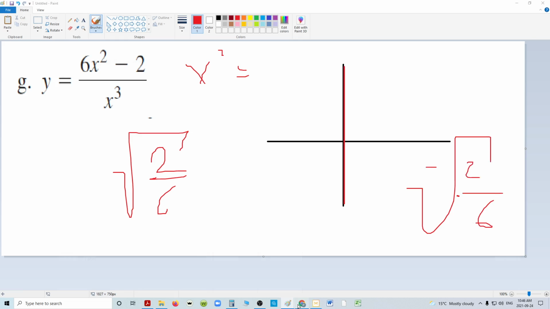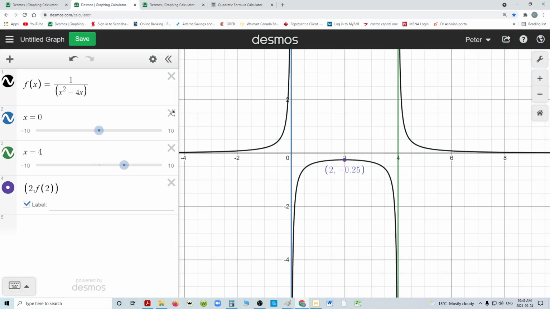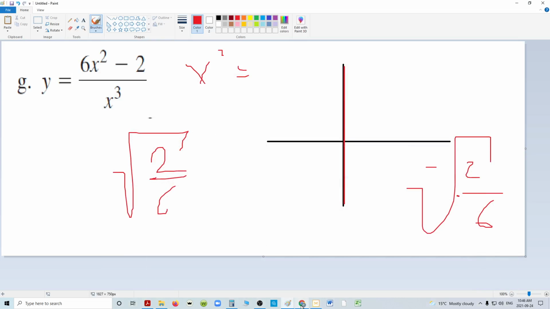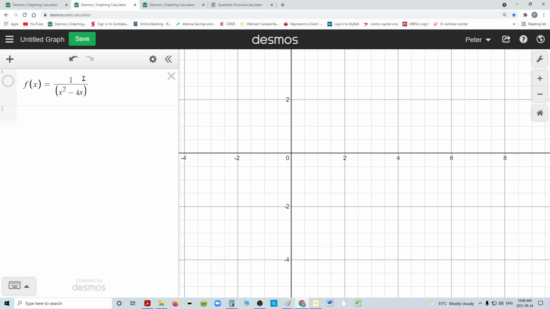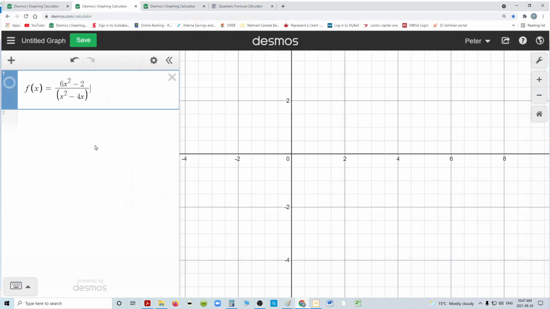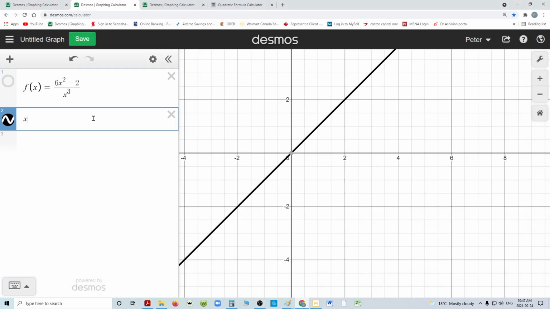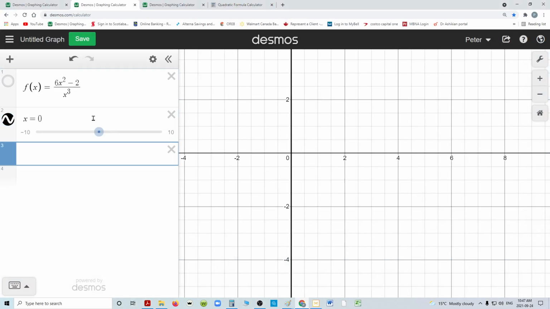So I'm going to just punch this into the graphing calculator, but turn it off. So I've got 6x squared minus 2 over x cubed. Over x cubed, just over x cubed. So I'm going to just automatically put in my asymptotes.